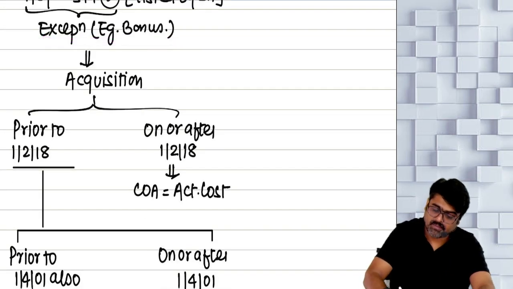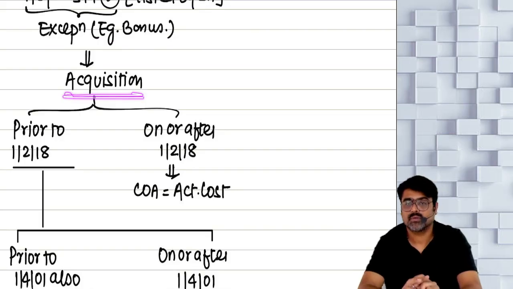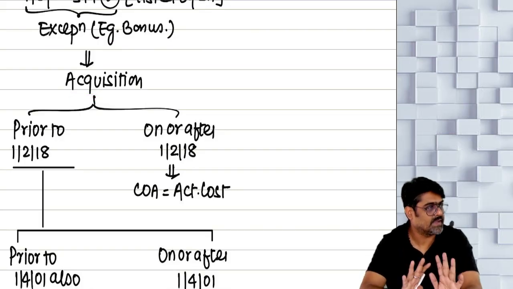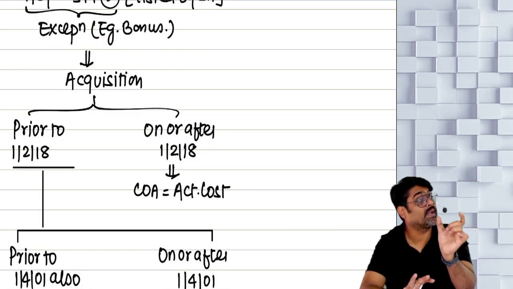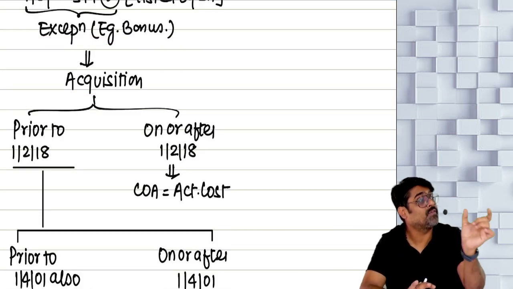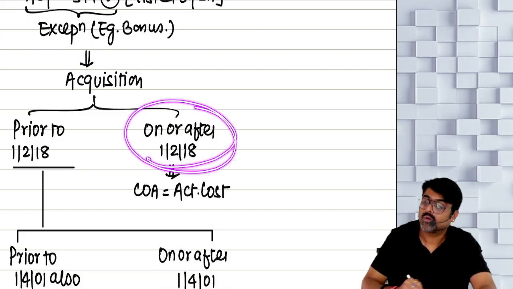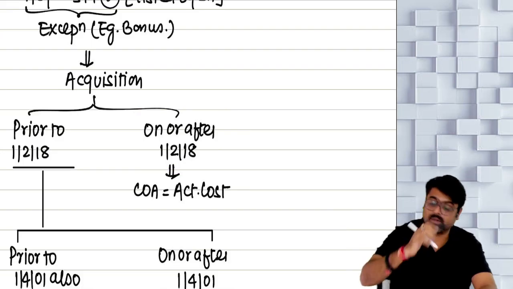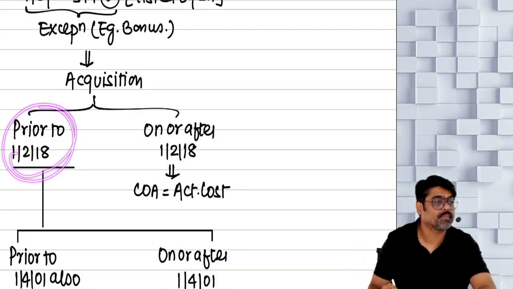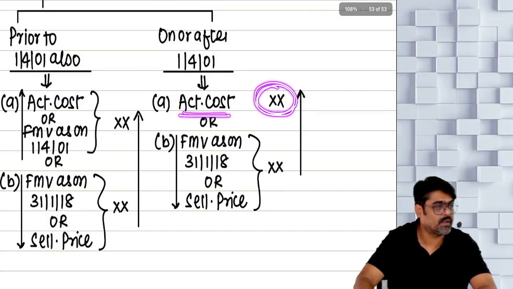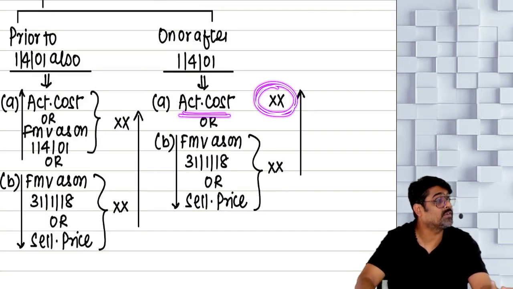So now tell me, when did the acquisition of these bonus shares take place? The example which I've changed, 1st of December 2015. Meaning on or after 1st February 18, or prior to 1st February 2018? So what cost will be taken? Actual cost, which will be nil. Bonus shares, actual cost is nil.